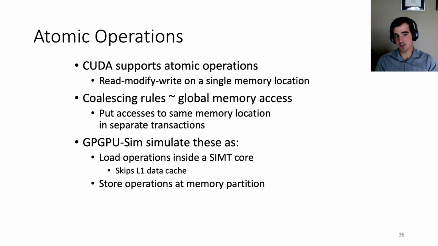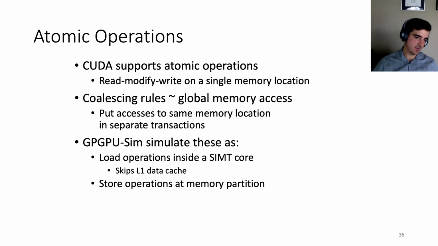The exception is when you have different threads trying to do atomics on the same address. What happens in the simulator is that it will actually serialize those accesses. The reason for that is that the atomic operation itself is not done in the L1, it's done in the L2. So we have to generate a separate transaction for every update to a particular float.